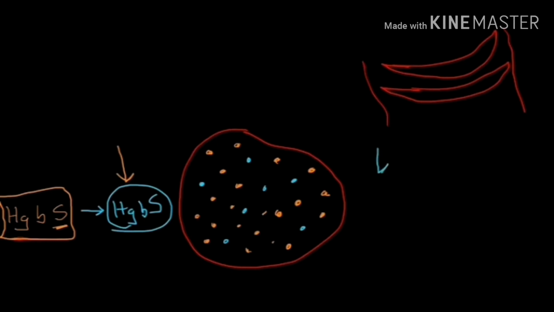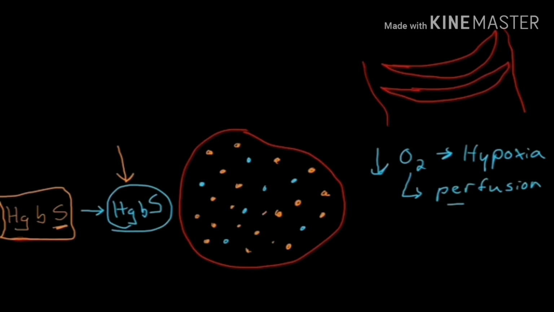All right. So what will cause that? Well, obviously, decreased oxygen, right? So that can be caused by hypoxia. It can be caused by a patient that is short of breath, a patient that has asthma, a patient that has pneumonia. It could be a local decrease in oxygen from a decrease in perfusion. So we could have an area of ischemia. Now this can be precipitated by cold temperatures. So if your fingers are cold, that's going to cause vasoconstriction in your fingers, and it's going to decrease perfusion, and that is going to cause local tissue hypoxia, right?